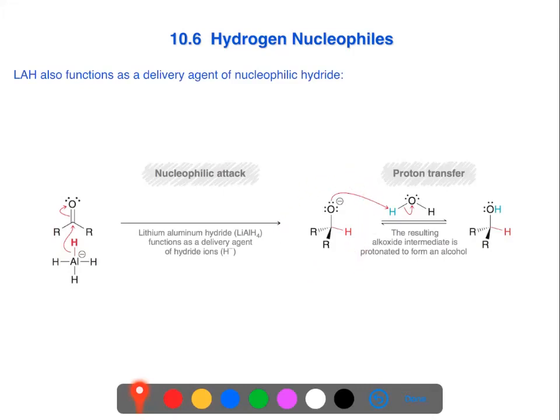Then finally, we get a proton transfer from our polar protic solvent to give us our final alcohol. So the mechanism for both hydrogen nucleophiles, sodium borohydride and lithium aluminum hydride, is the same. It's just the source of the hydride that's different.